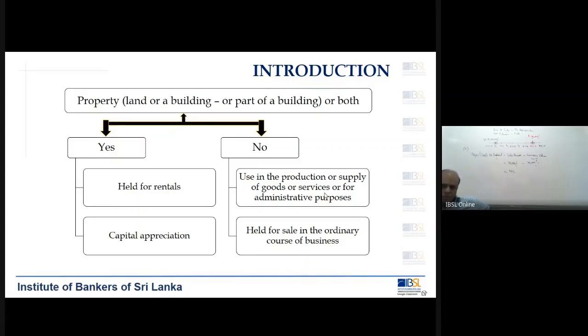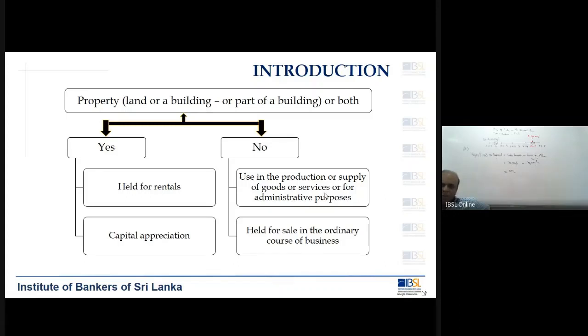Mostly the banks do have their own buildings, for the purpose of having their branch or head office or any other purpose. Like, you can have holiday bungalows for the staff, or a training center for your staff. All those purposes are considered as part of your business.